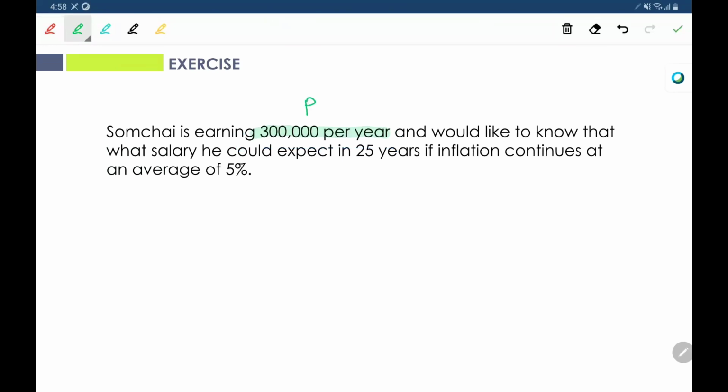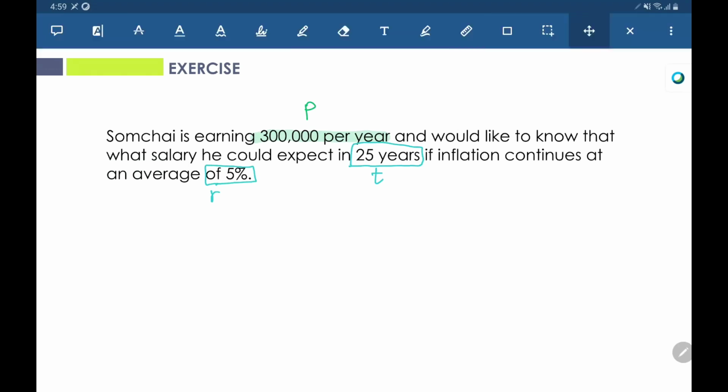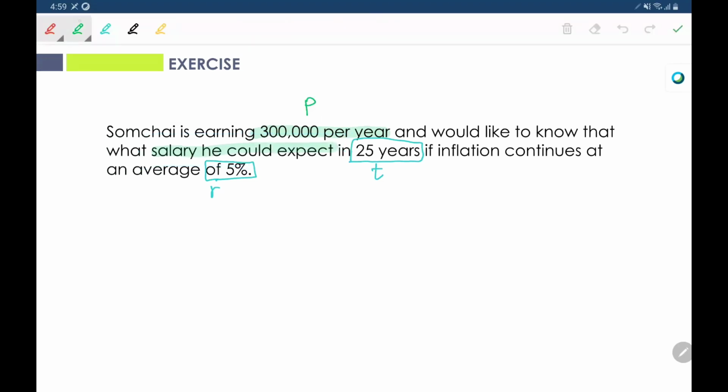And after that, he expects what he would get in 25 years. So 25 years is the time. If the inflation continues at 5%, 5% here is the rate. He wants to know the salary in the future, right? So that means he wants to know the future value, the salary he expects.